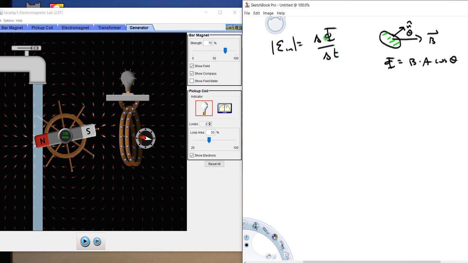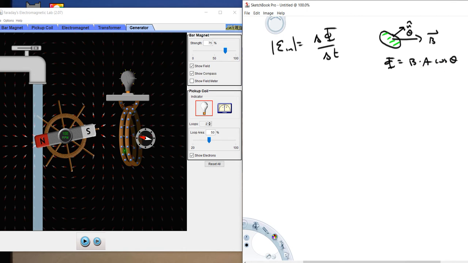So changing magnetic flux always results in a voltage. Now look at this equation-wise. The flux is equal to field strength times area times the cosine of the angle between the magnetic field and the normal here. You can change your flux by either changing B, or changing A, or changing the orientation.